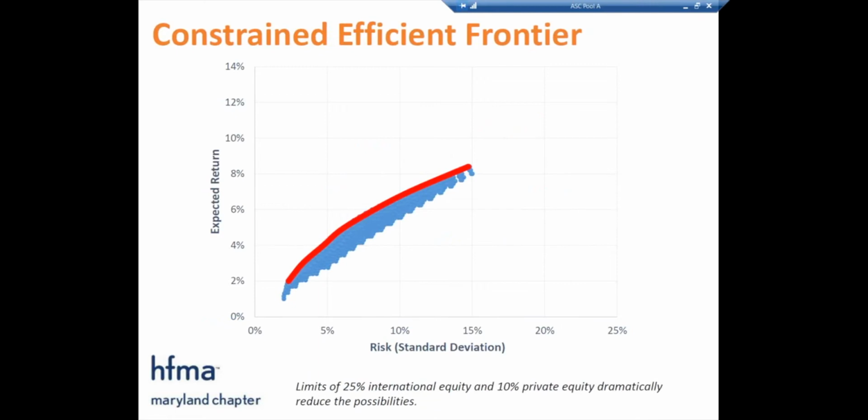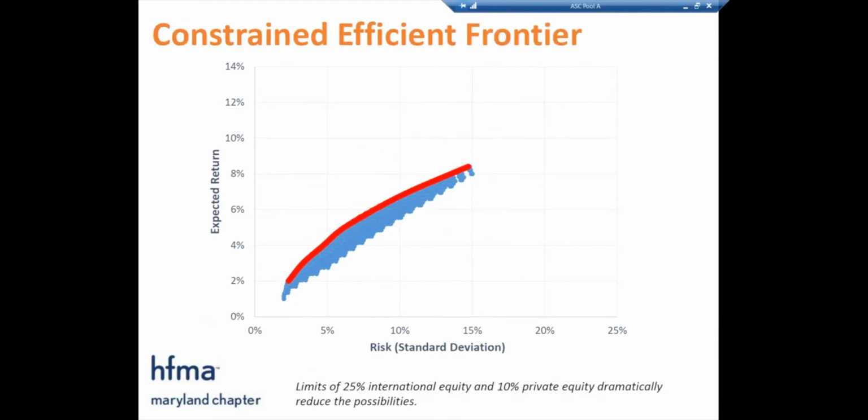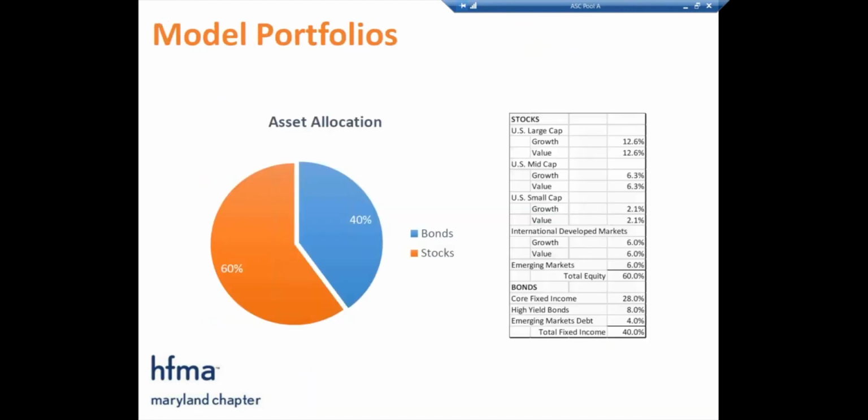So you can see just by putting those somewhat artificial, but maybe rational limitations on your opportunity set, you really reduce dramatically the number of options you have. And again, if we go back, there are all these portfolios up at the higher return end that by capping the amount, in this case of private equity, you never will avail yourself of if you impose these constraints on yourself.